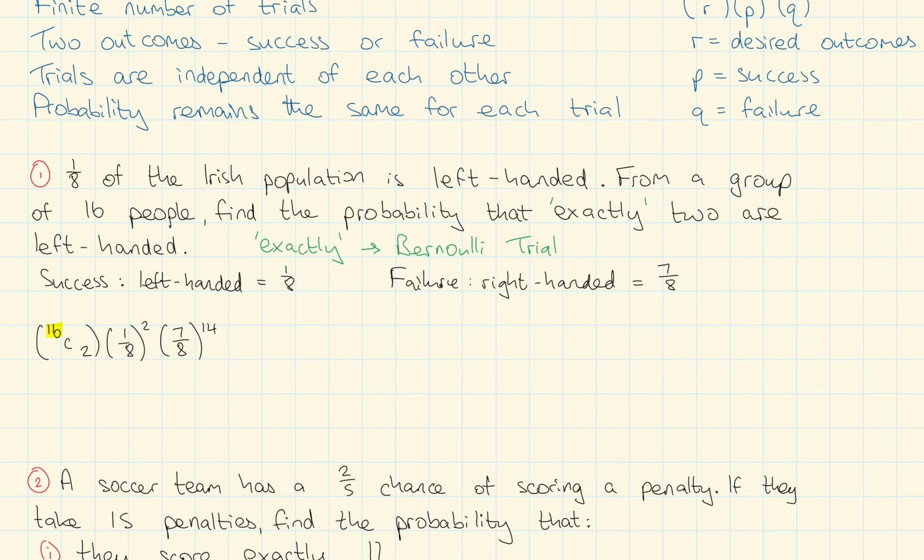So here's my 16 people. Then we said exactly 2. Here's my success. And then for failure, we figure that out ourselves. Okay, so into your calculator here. 16 combinations, choose 2, will give me 120.